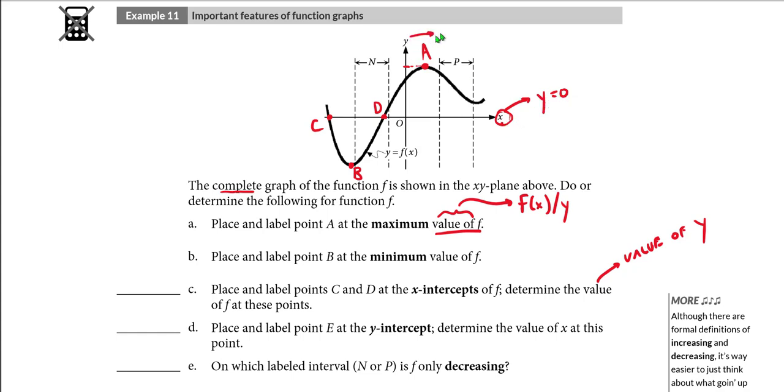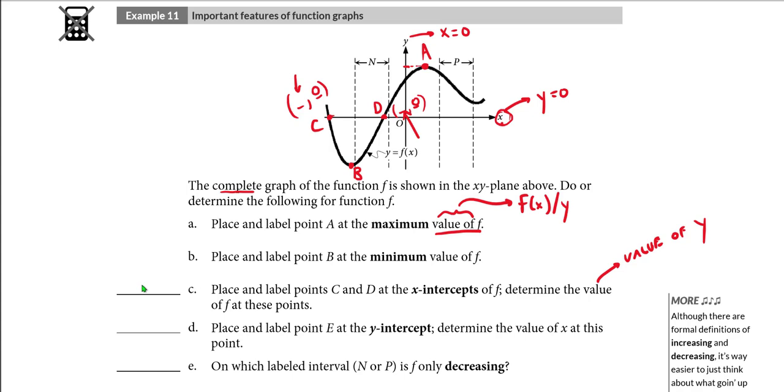The y-axis's equation is x equals 0. So again, at these points, whatever the x value is, the y coordinate is going to be 0. So there's going to be some x value and then a 0 in the y position, and same thing here, there's going to be some x value and a 0 in the y position. Whatever those x values are, those are known as the zeros of the function, the x values that produce a y value of 0.